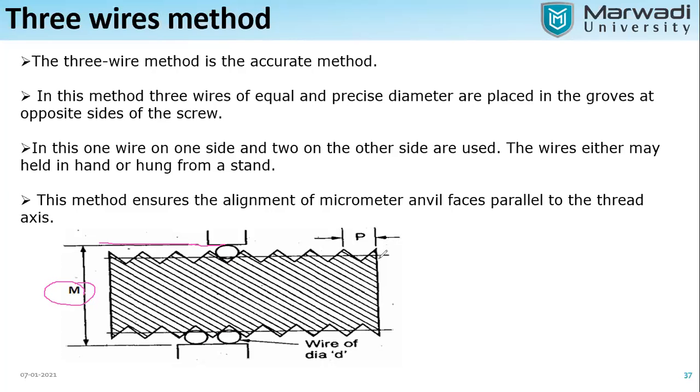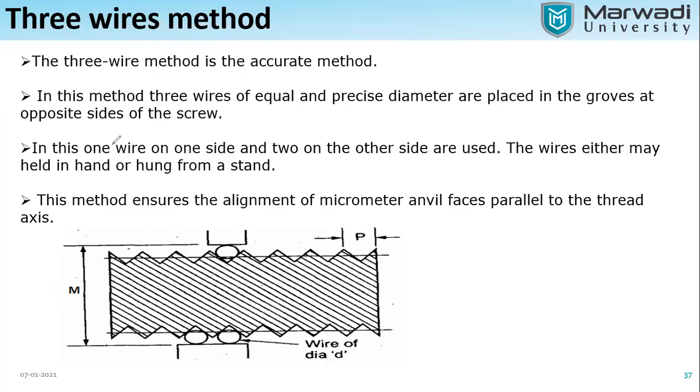Up to this particular point will be the effective diameter that we have already found, so we just have to find this upside distance. This distance on one side and the same distance on the downward side is required, and we will get the dimension over the wire. So in this method, three wires of equal and precise diameter are placed in the grooves at opposite sides of the screw.